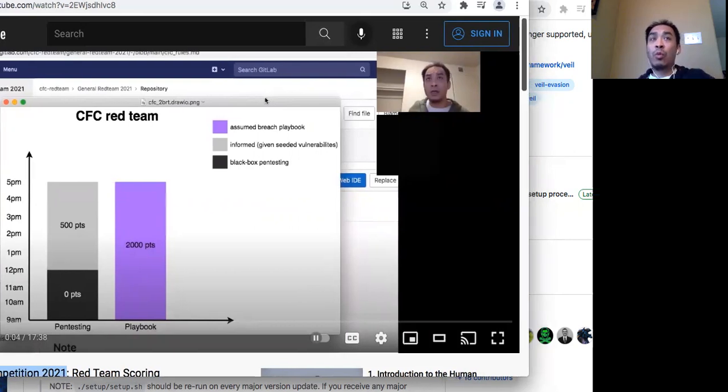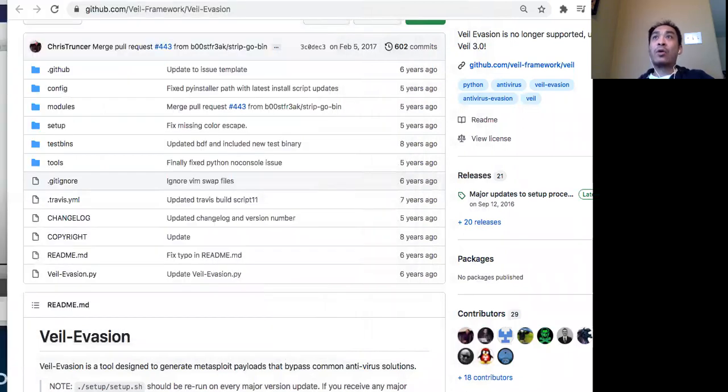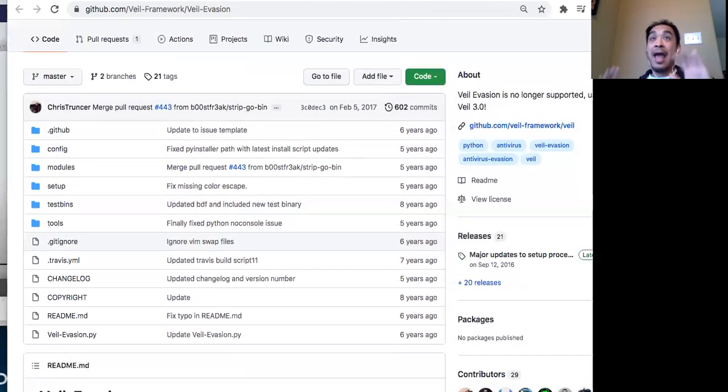So with that goal in mind, the next question you should ask is, how can we achieve that if our only resources are currently just available tools and Metasploit and stuff you could find on GitHub? And don't get me wrong, there are some really amazing tools on GitHub right now that you can use for AV evasion. You could easily find half a dozen of them that are really, really good.